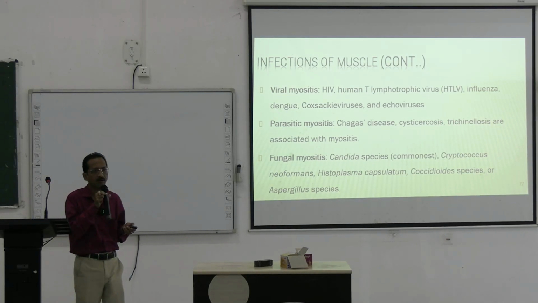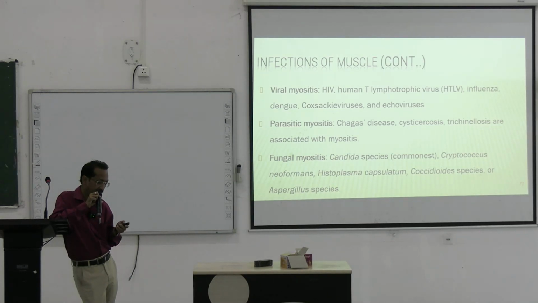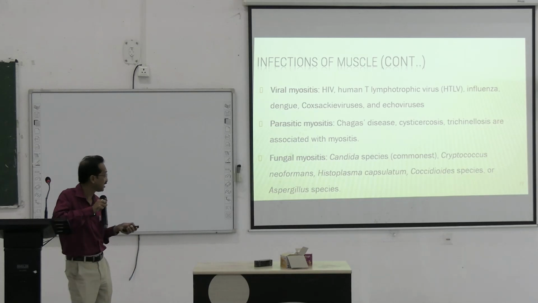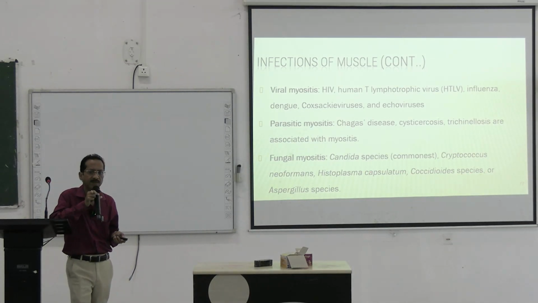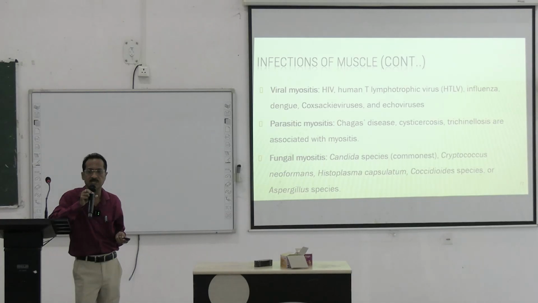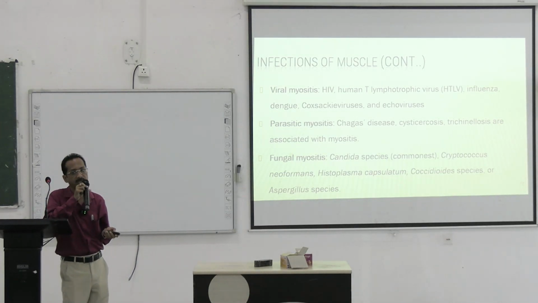Which organism causes muscular cysticercosis? Taenia solium causes cysticercosis, both neurocysticercosis and muscular, while the other is by Trichinella spiralis. Fungal: Candida species is the common one, Cryptococcus, Histoplasma, Coccidioides. In HIV or opportunistic infection, Cryptococcus and other dimorphic fungi are to be mentioned.